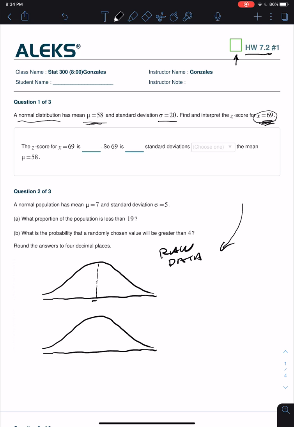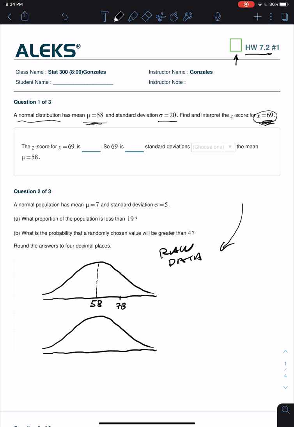And this particular mean with the raw data is going to be 58, with a standard deviation of 20. This basically means if you go up 20 points on this, which would get us to 78, that's one standard deviation above the mean of 58.